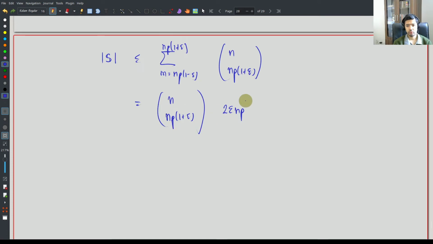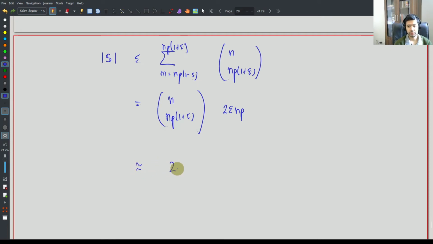Good. So now we are almost done. So I have n choose np times 1 plus epsilon, times 2 epsilon times np. In your assignment, you had a particular question where you obtained bounds on this particular quantity, the binomial coefficient. So what is this approximately going to be equal to?